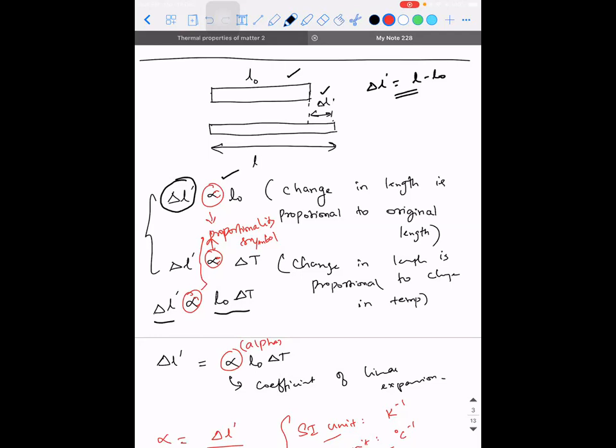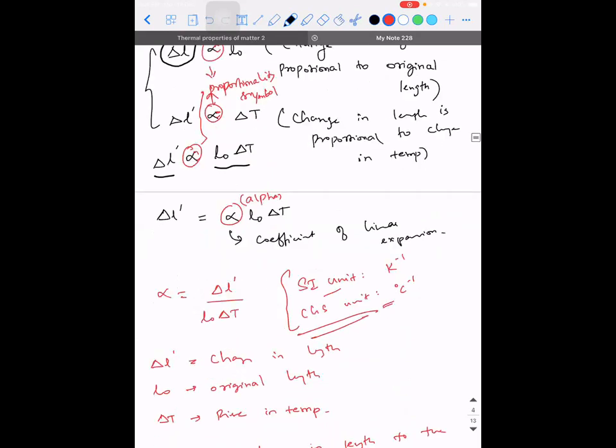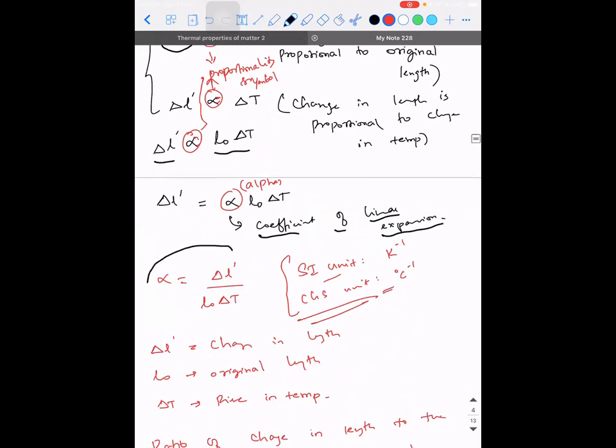What is the name of it? It's called alpha, which is coefficient of linear expansion, right? Then if you try to write alpha alone, then alpha will be equal to delta L dash divided by L naught into delta T.